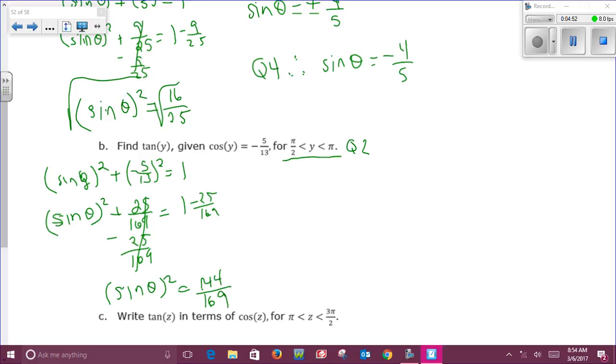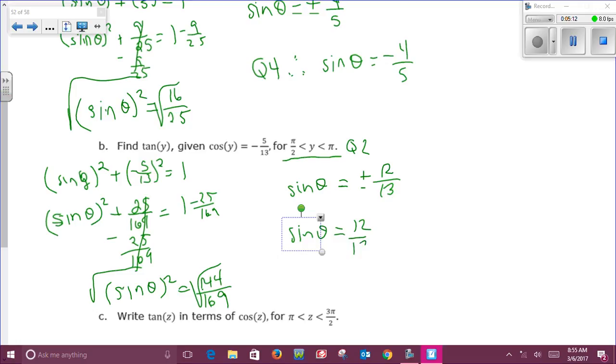Just found a common denominator. So take the square root. So that means that sine theta is equal to plus or minus 12 over 13. And in this case, since I'm in quadrant 2, sine is positive. So it's 12 over 13 because I'm in quadrant 2.